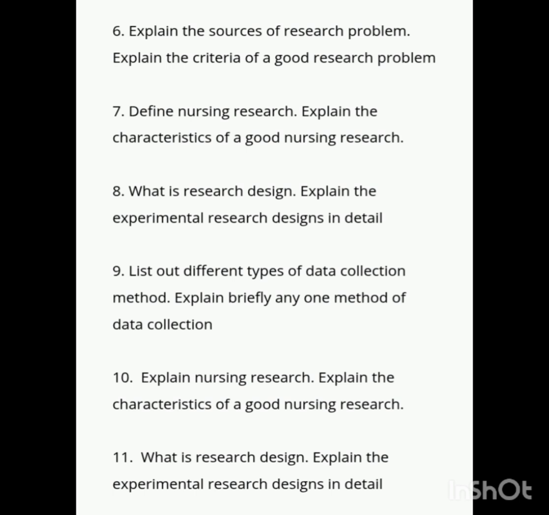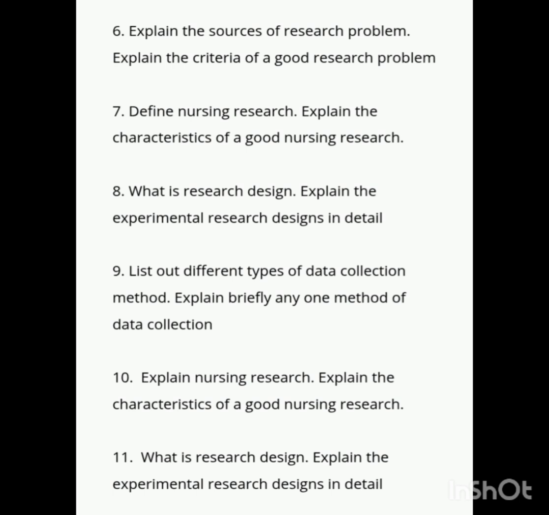Okay, and logical structure and coherence, that is, it is well structured and has a clear plan about the research design and the comprehensive data analysis also. And here you have different types of data collection and data analysis. So here you have to choose the correct method for data collection and data analysis.